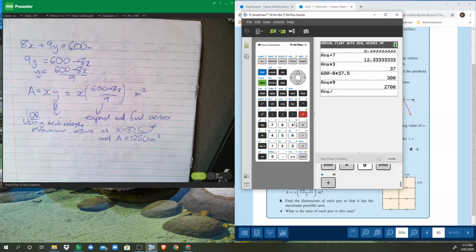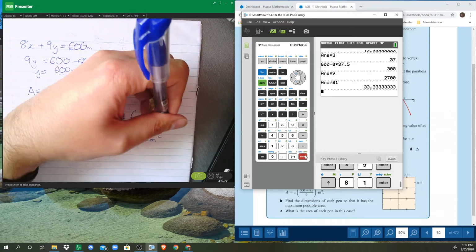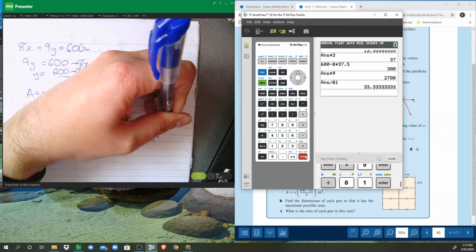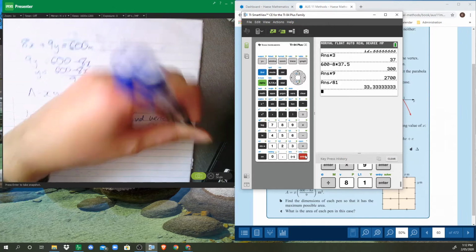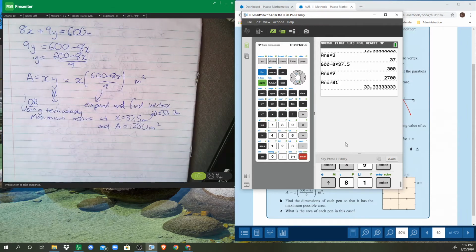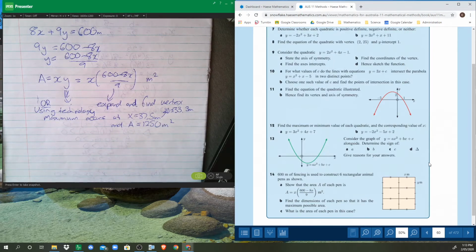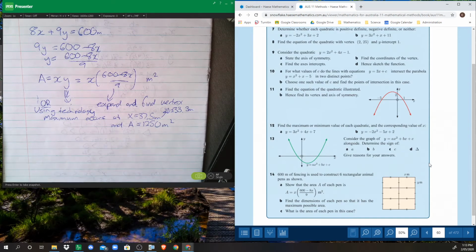Okay, 600 minus 8x over 9. Yes, that's okay. So y equals approximately 33.3 meters. That's all I needed, and I've already answered part B. So there are the dimensions.